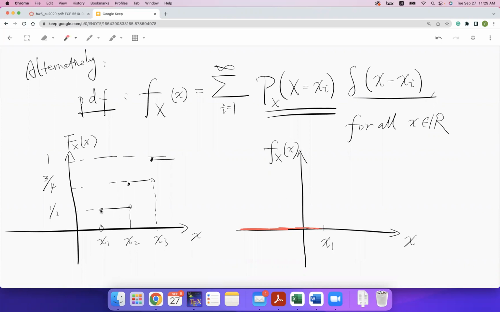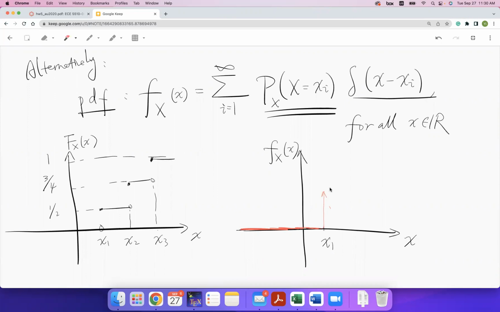And the gap of this jump is 1/2, right? From 0, we jump to 1/2. This instant jump, we cannot take the derivative directly because it is not differentiable. But once we introduce the impulse function, we can define the derivative at this jump by the impulse function.